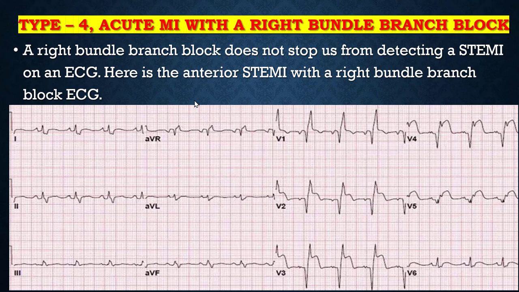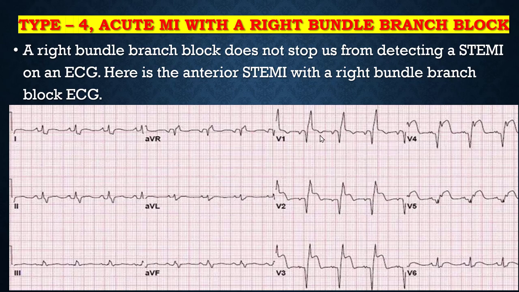A right bundle branch block does not stop us from detecting STEMI on an ECG. Here is the anterior STEMI with a right bundle branch block. In this ECG graph we have right bundle branch block and also anterior myocardial infarction, or ST elevation myocardial infarction.